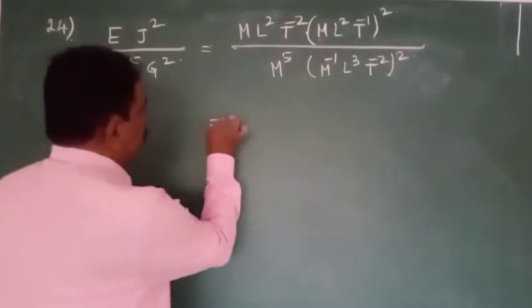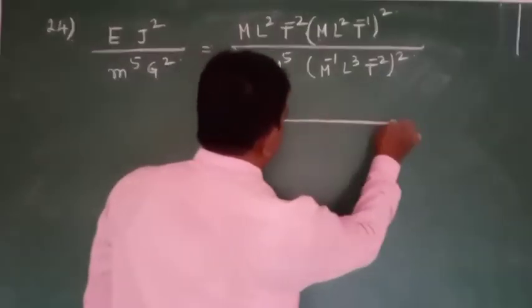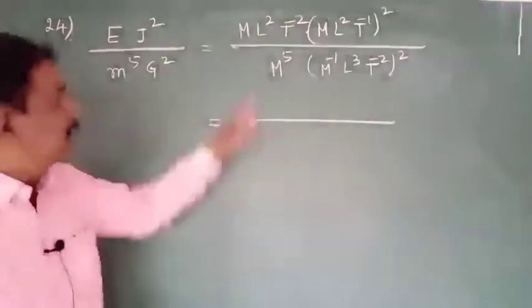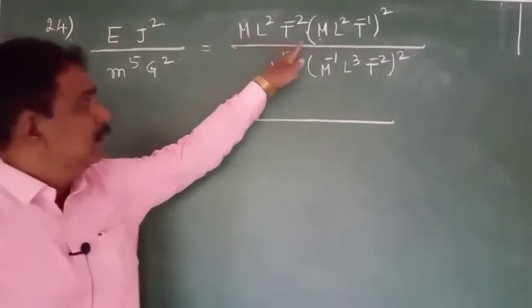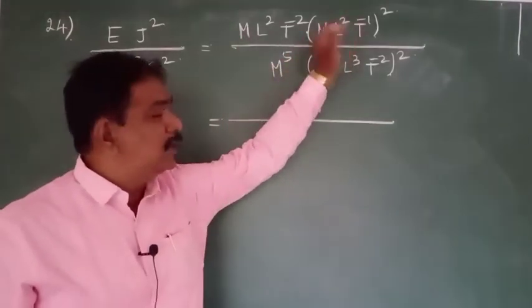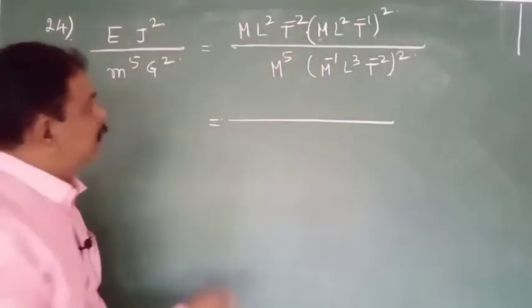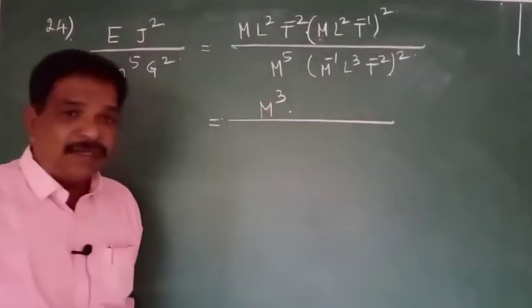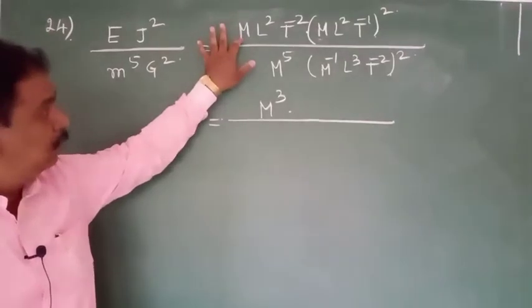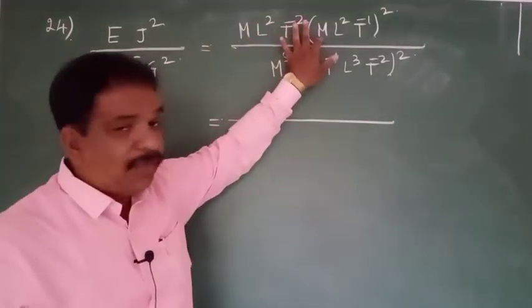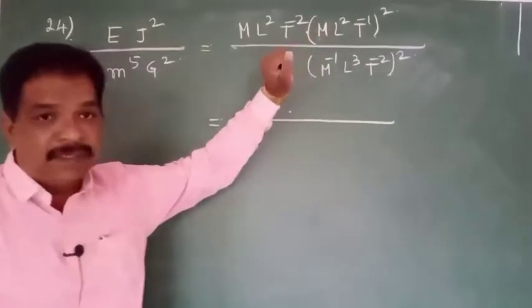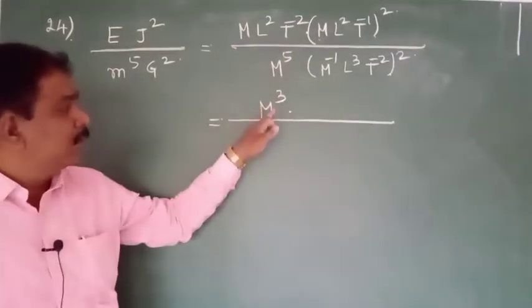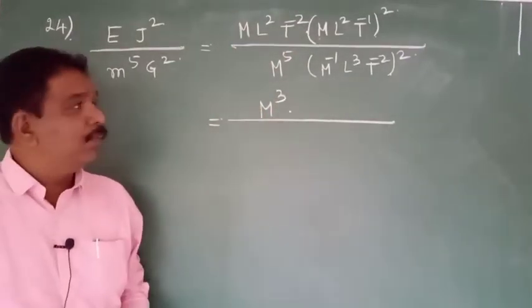Okay? Now, in the numerator, what will be there? Here M is there, and this is M whole square, so totally M cube. Simple only. M into M square means M cube.